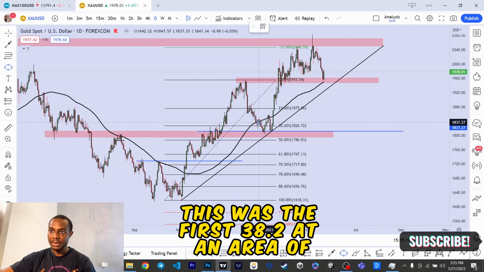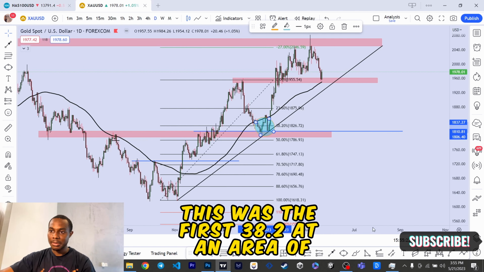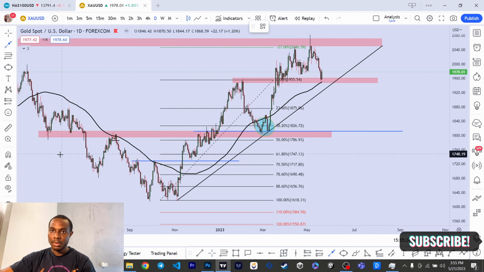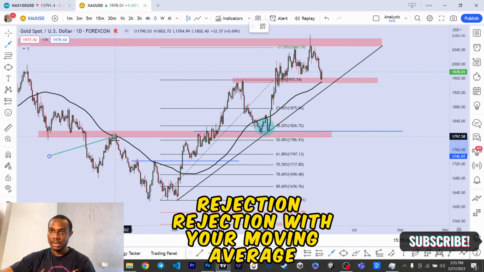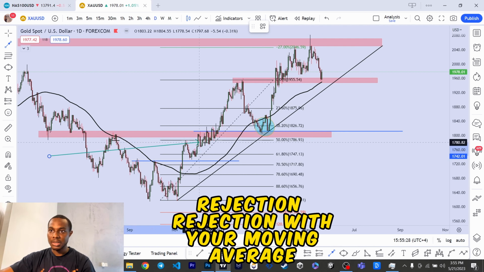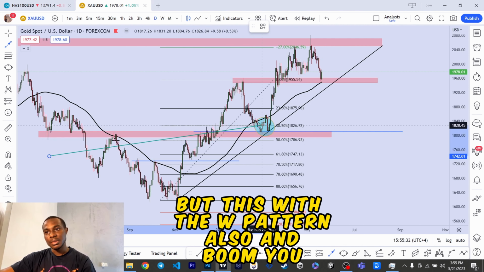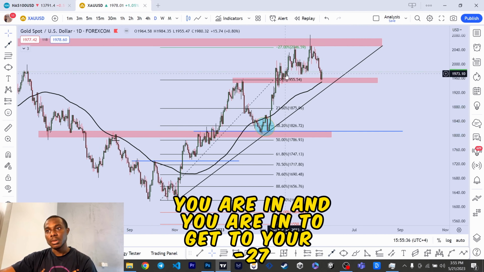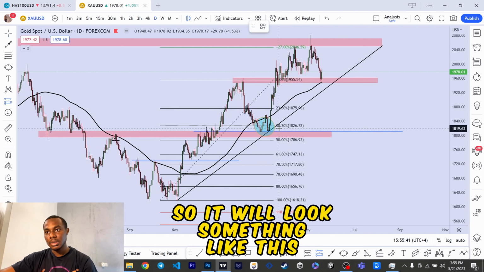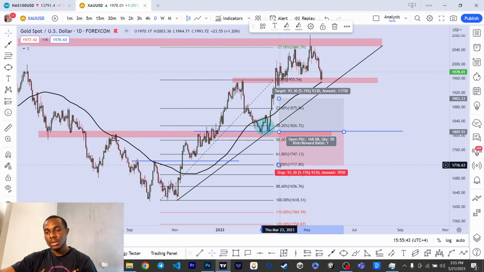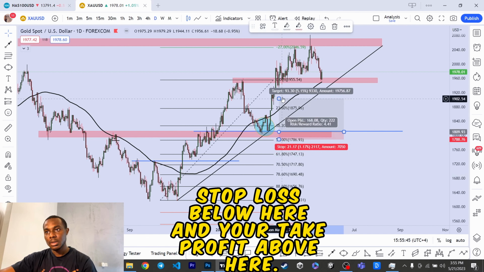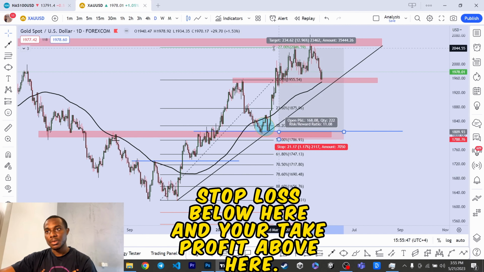This was the first 38.2 at an area of rejection with your moving average. There are rejections here to a certain extent, but this with a W pattern also, and boom, you are in, and you are in to get to your negative 27. So to look something like this from here, stop loss below here, and your take profit above here.